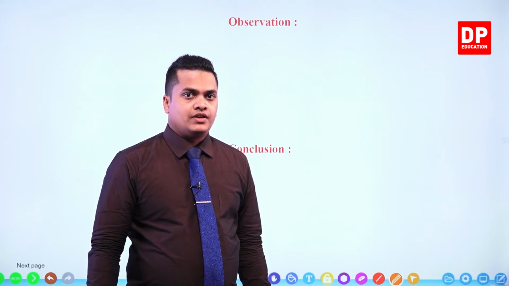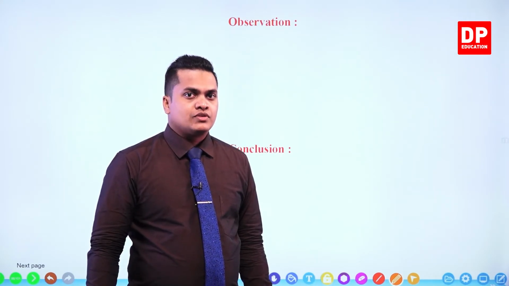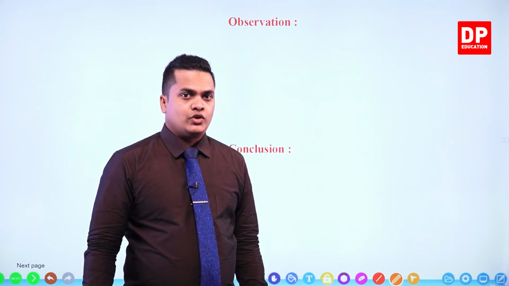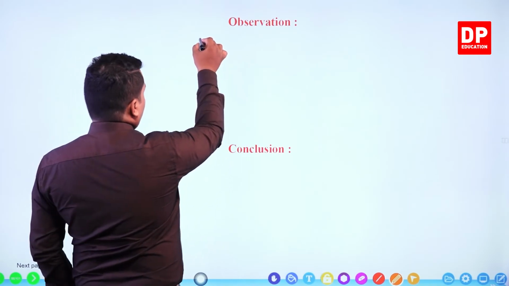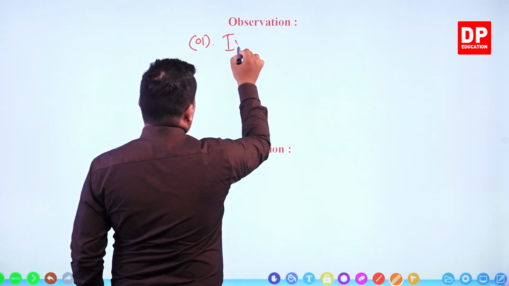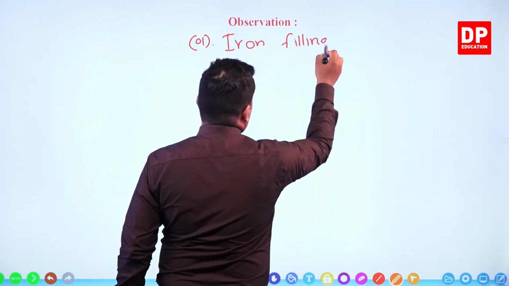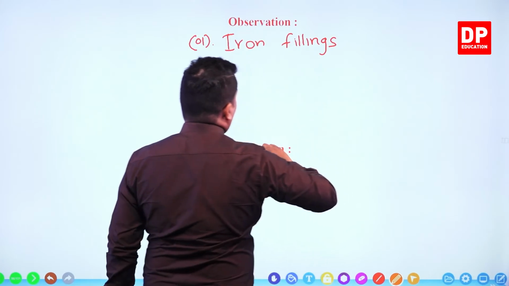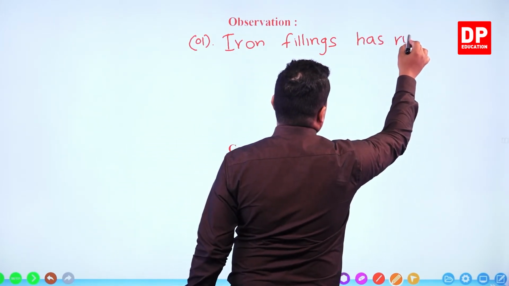So these were the two observations that we took from the experiment. So we'll write down those two observations. Number 1, iron filings has rust.